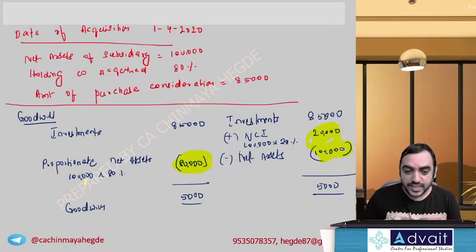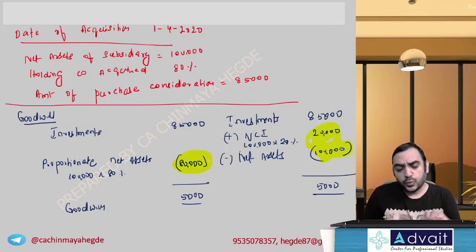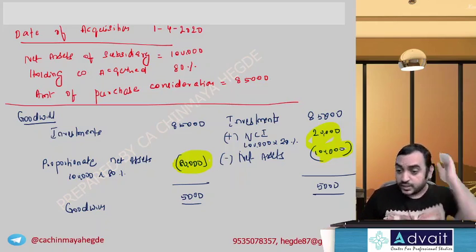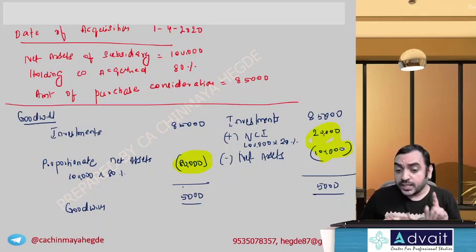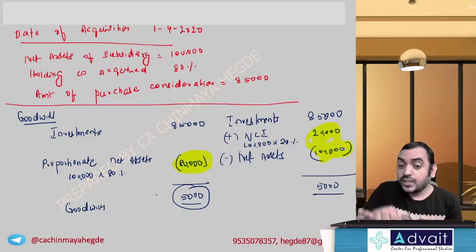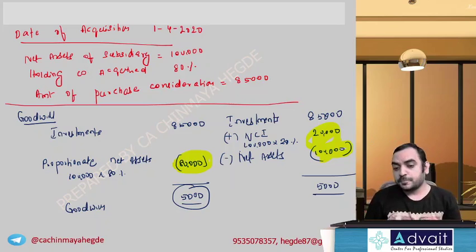Okay, hope you have taken this example. Now one interesting question here. What did Ind AS 103 say? Whatever may be the book value of the subsidiary company, don't worry, while taking over, you take over at fair value. Very good, reasonable, perfectly fine. Now tell me, does this goodwill relate to the holding company share only, or to the entire goodwill of the subsidiary company?